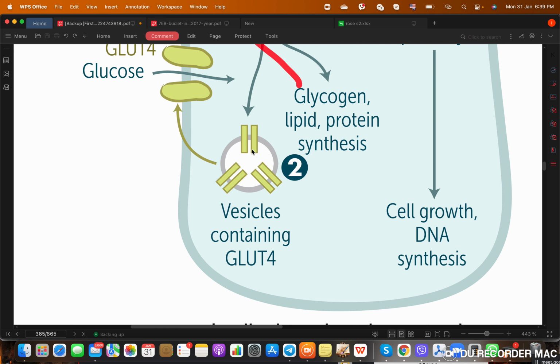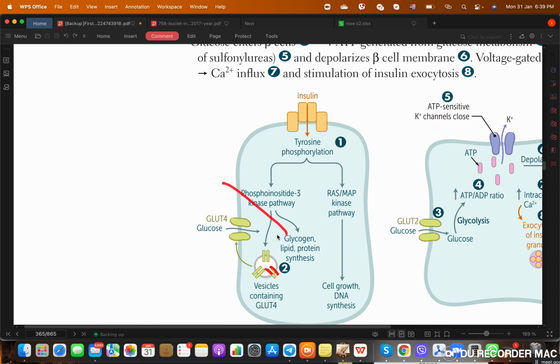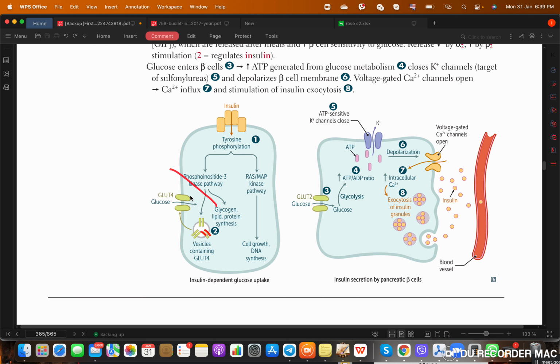that has these little channels, which are known as the GLUT4, okay? These GLUT4 are going to move to the cell wall. And when they move to the cell wall, they will allow the glucose to move from the blood to the cell, which is going to reduce the amount of glucose inside of the circulation.